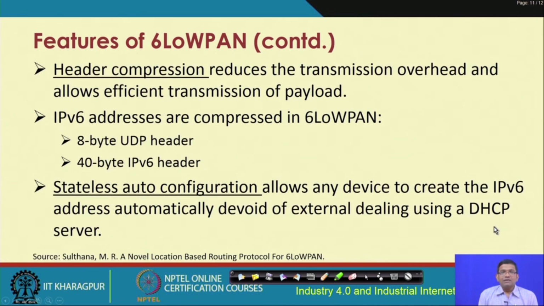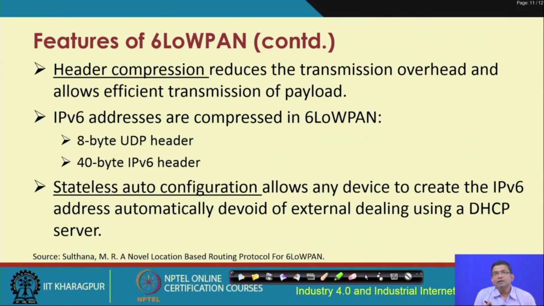As I was telling you, some kind of header compression has to be done, and this header compression reduces the transmission overhead and allows efficient transmission of payload. IPv6 addresses are compressed in 6LoWPAN, covering the 8 byte UDP header and the 40 byte IPv6 header. 6LoWPAN is not based on top of DHCP.